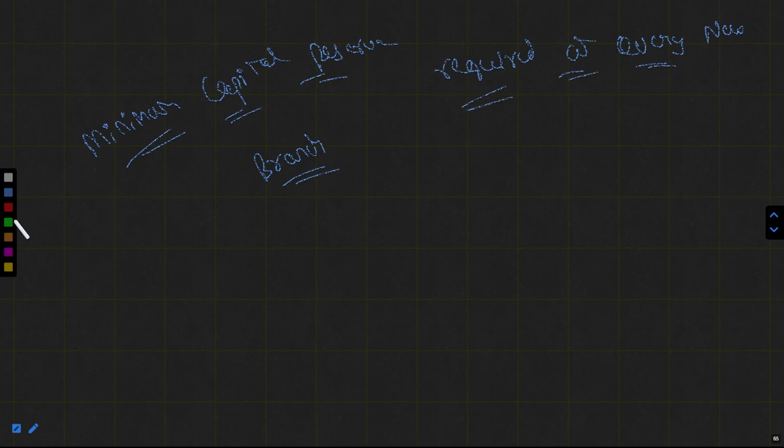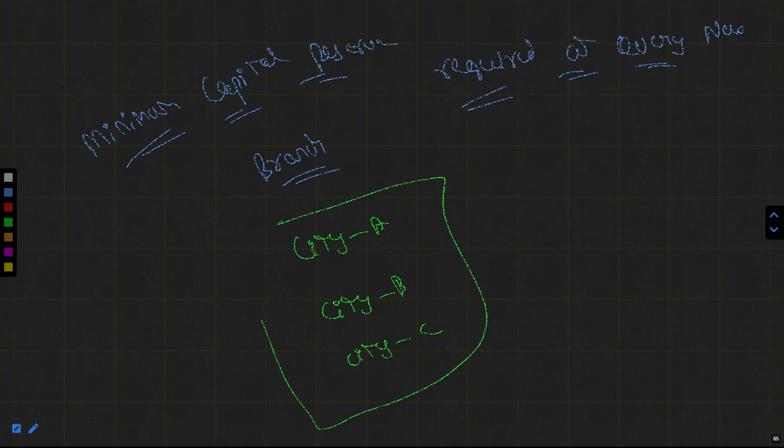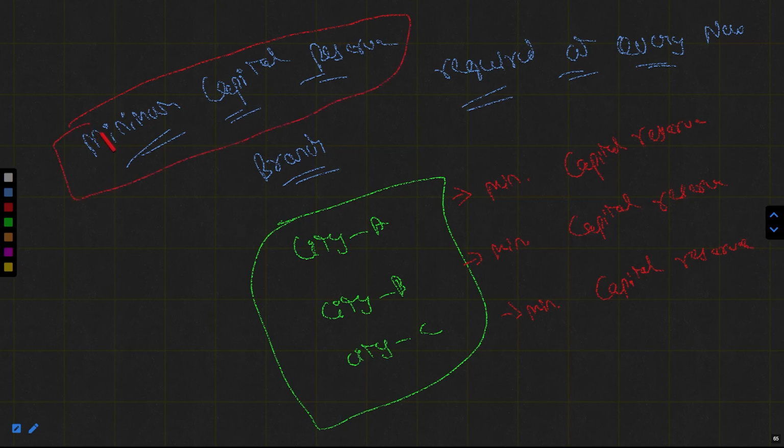If he is opening a branch in city A, city B, and city C, then at every branch a minimum capital reserve is required. The MCR, or minimum capital reserve, is basically a total capital reserve split by the RBI, which is to be present with each and every new branch the bank is opening.